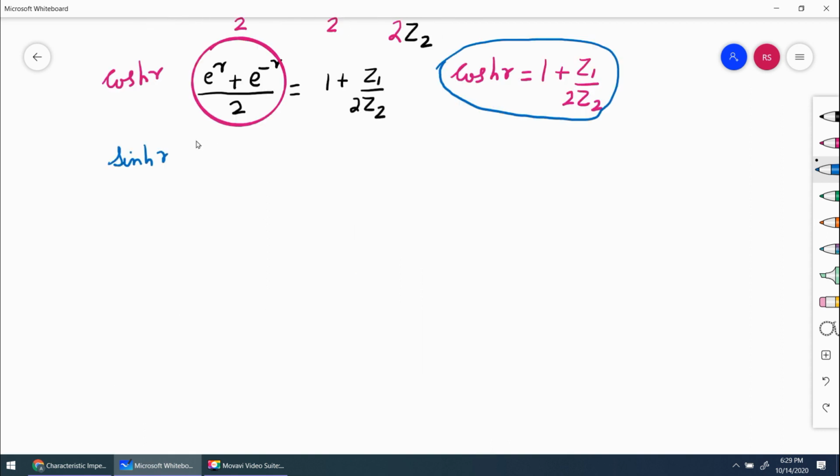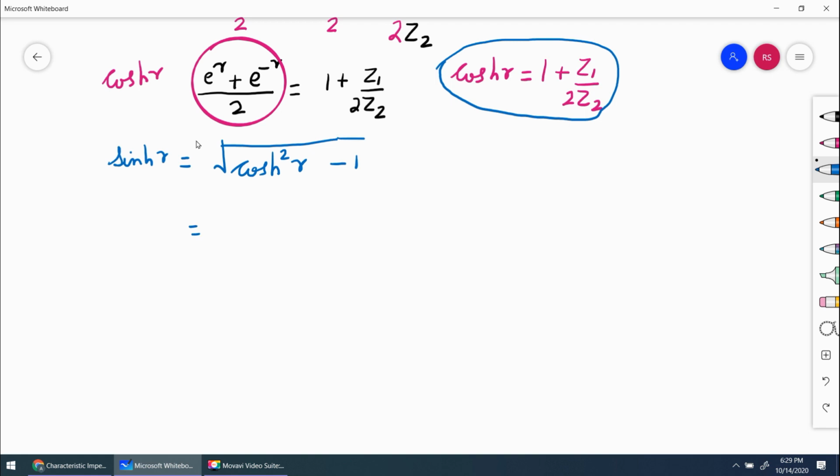Sine of hyperbolic gamma is equal to square root of cos hyperbolic square gamma minus 1.